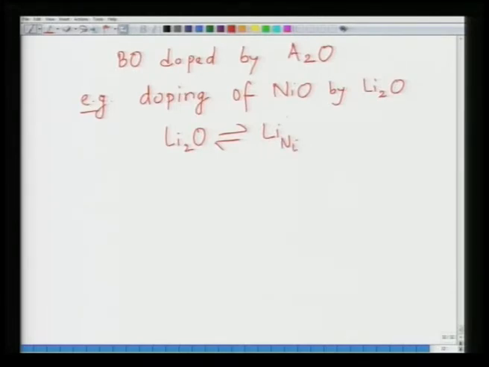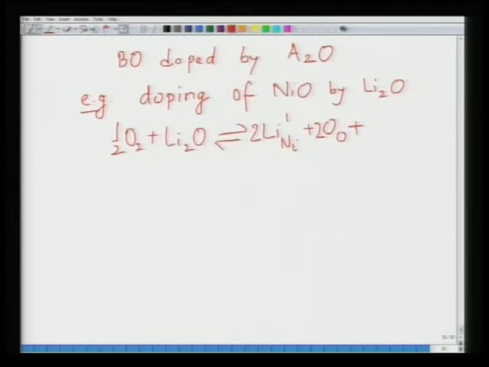So, when Li goes to Ni site, it is going to have one negative charge on it, and let us say you have oxygen going to oxygen site. In order to maintain the site transport, if you have both the Li's going to oxygen site, then you are going to find oxygen vacancy, or let us say you bring in the oxygen from outside. So, both the oxygens are occupied.